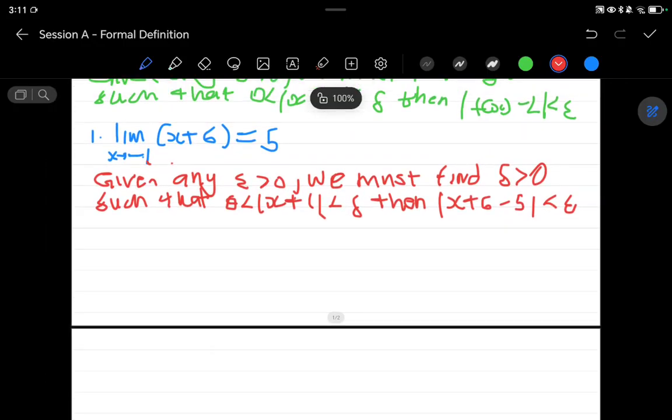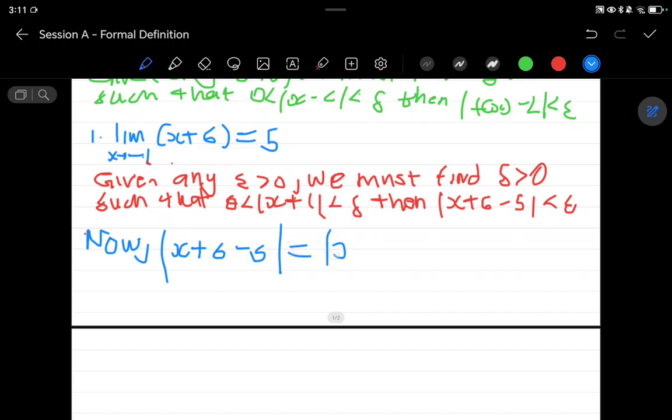Then we must prove it now. We take the absolute value of x plus 6 minus 5, and this will be equal to the absolute value of x plus 1, since 6 minus 5 is 1. The aim is to arrive here.